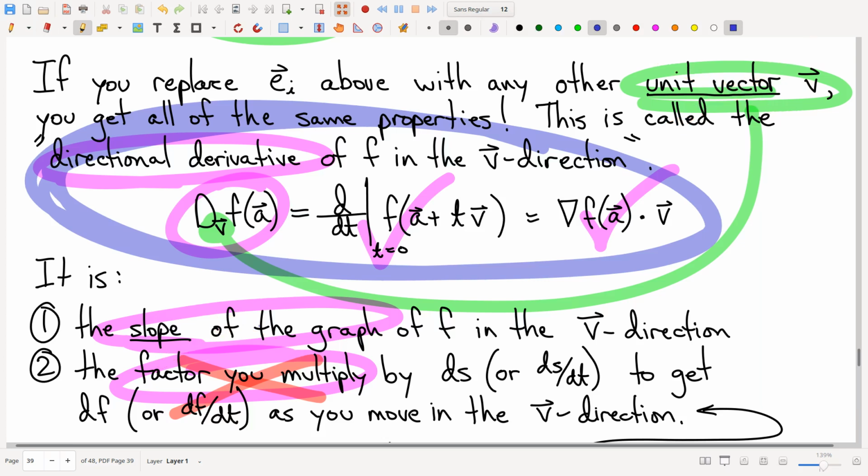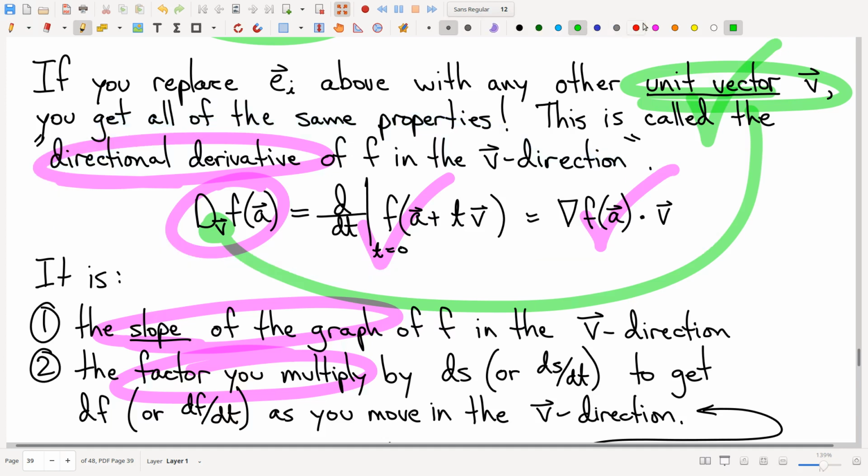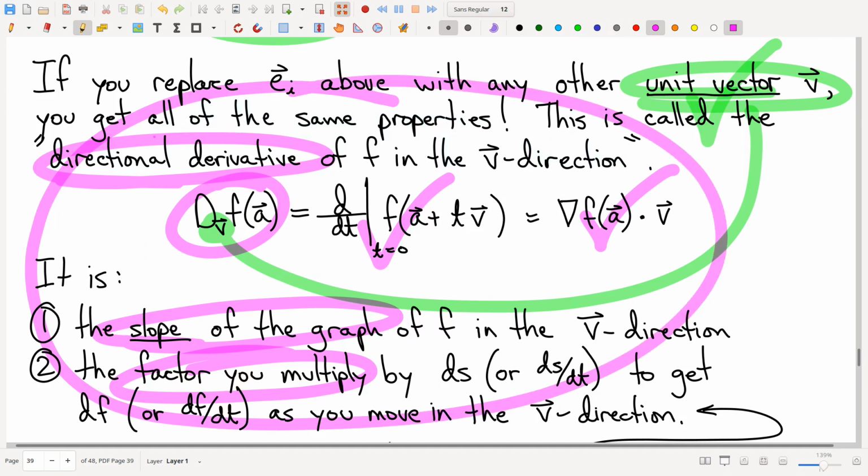So Colley's definition does require that the vector be a unit vector, and as such, we get all of this together. You do have to use unit vectors. That's the price. But at the slight cost of this only applying to unit vectors, notation, definition, formula, and interpretations, all good. Okay, that's for Math219.